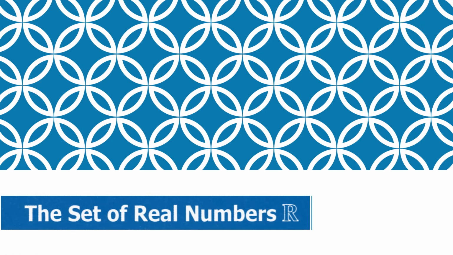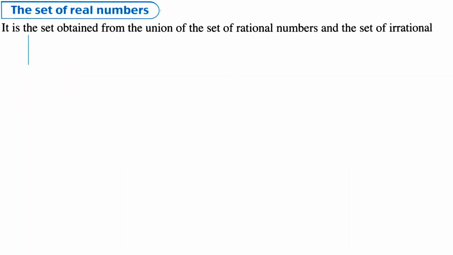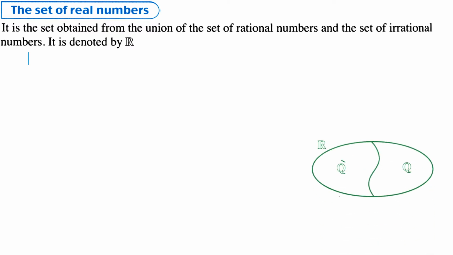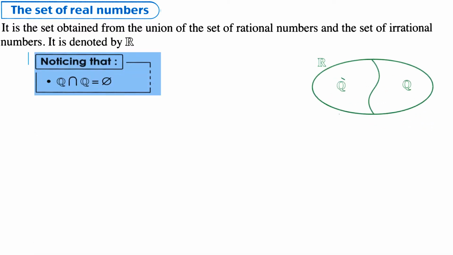We are going to talk about the set of real numbers. It is the set obtained from the union of the set of rational numbers and the set of irrational numbers. It is denoted by R. You have to note that Q intersected with Q dash equals phi.